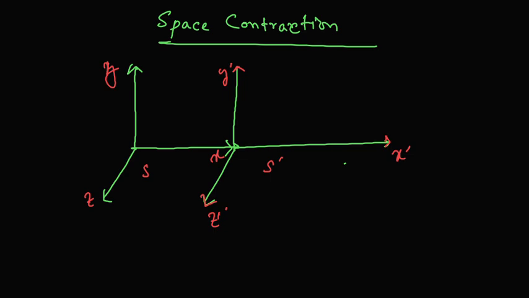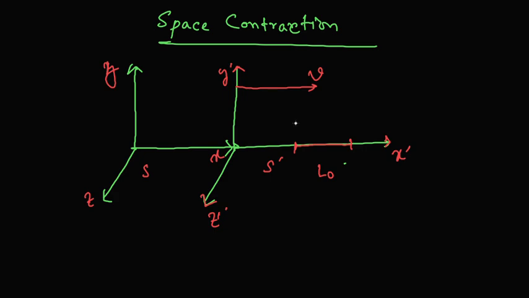Now, the condition is that this S prime frame is moving with velocity v, and we take a rod in this frame. If it has length L naught, then what will be the length in the S frame?